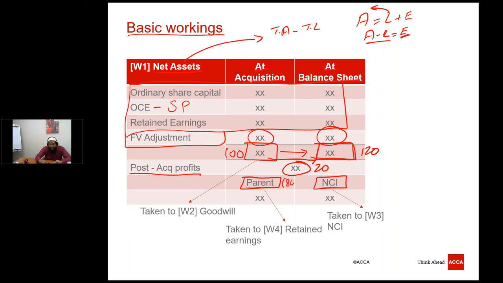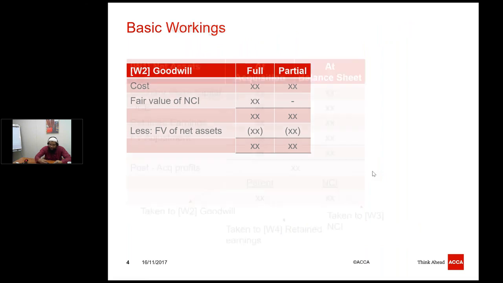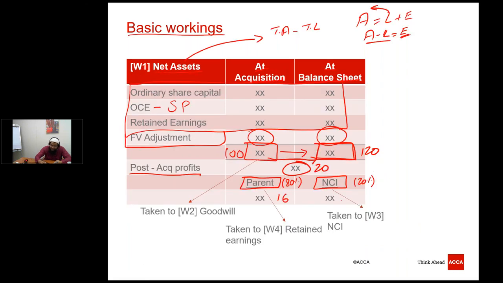So for example, parent has an 80% holding percentage and NCI has a 20% holding percentage. So the value allocated to parent is going to be 16 and the value allocated to NCI is going to be 4. So the first step is to calculate the net assets at acquisition and at balance sheet, and then distribute the post-acquisition profit between the parent and the NCI.